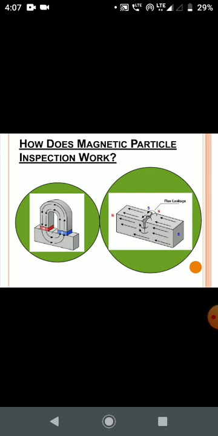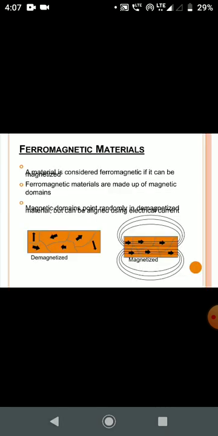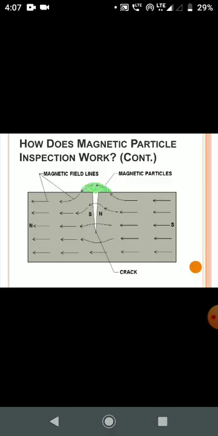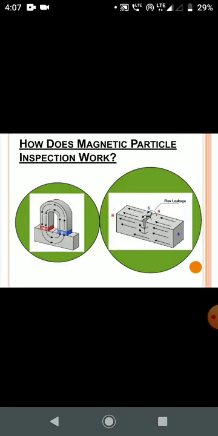So these work on Faraday's law, as we discussed. When a material is placed within a magnetic field, the electrons of the material will be affected, and this effect is known as Faraday's law of magnetic induction.